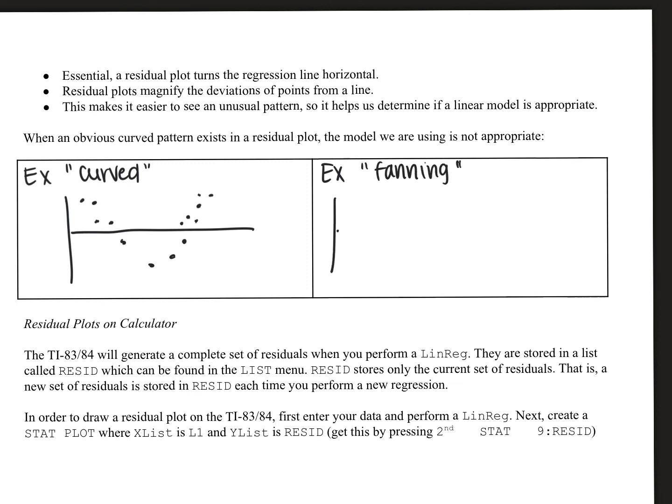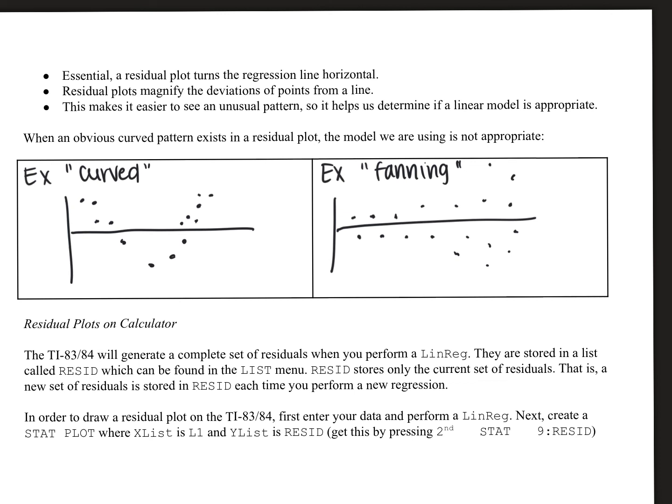So when that happens, they kind of start close to the line and then they start to spread out, creating what looks like a fan. So both of these involve a curved pattern of some sort. So the model we're using is not appropriate.